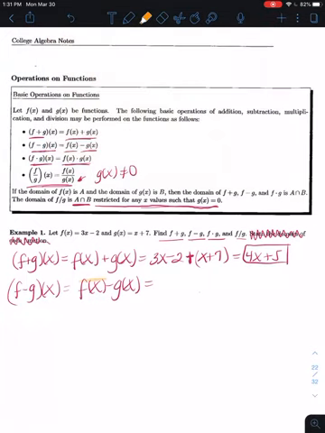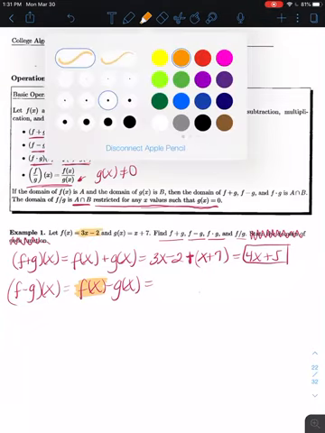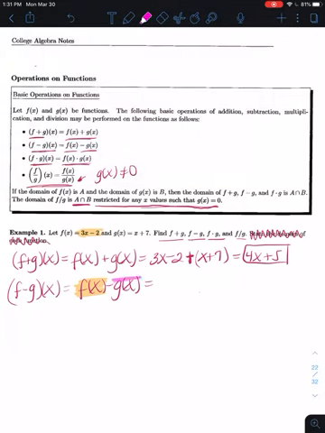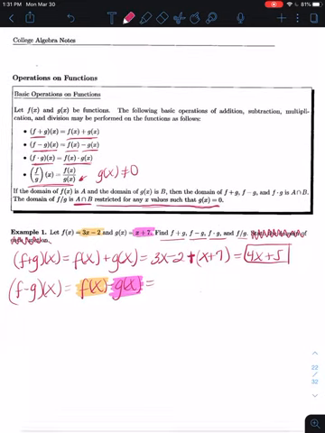So we'll say f(x), I'm going to put in this color, f(x). And then g(x), we'll use this pink or purplish. So when I get over here, f(x) is what I have in this orange looking color. So this is 3x minus 2. Anytime you have a minus sign, you need to put parentheses around what follows.